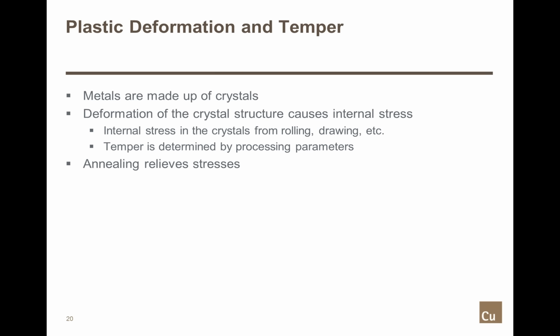Deformation of the crystal structure causes internal stress. This is seriously important. Internal stress in the crystals are developed from rolling, drawing, or other processes, and a temper is determined by various processing parameters.